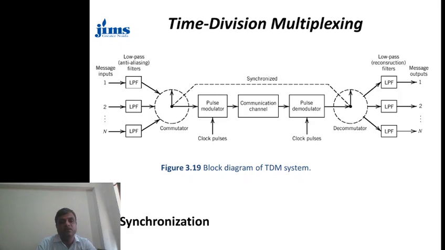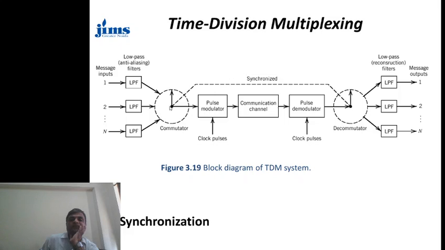That is also one example of how messages are combined. See here, there are different messages. Each is passed through a low pass filter. Then the commutator combines these messages, and the pulse modulator modulates it. Then the communication channel transfers this. Here it is demodulated, and then again there is a decommutator.